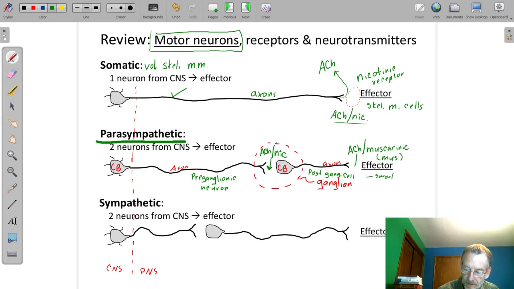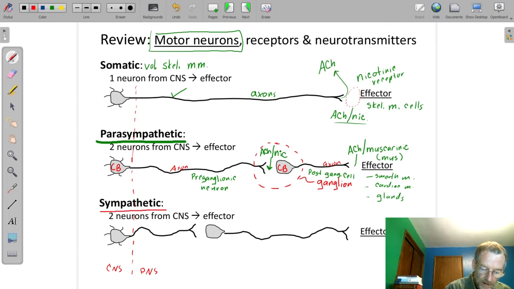Smooth muscle, cardiac muscle, and glands. Okay? We will be dealing with parasympathetic pathways more than sympathetic pathways. Mainly because parasympathetic fibers run in cranial nerves. Sympathetic fibers are not found in cranial nerves. They travel by other means. So that's our second pathway for parasympathetic.